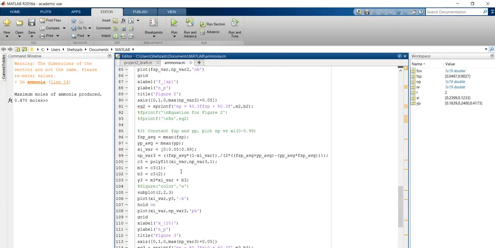Our third graph holds FSP and YP constant and varies xi naught from 0 to 0.99 versus the number of moles of ammonia. So in essence, what's happening is we are comparing the three variables that the user enters against the number of moles of ammonia produced to find out which variable will be the best to minimize and which variable will be the best to maximize.